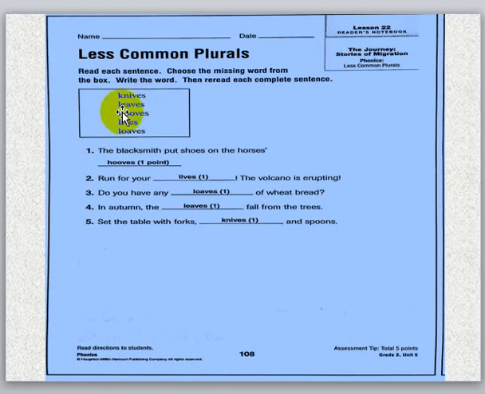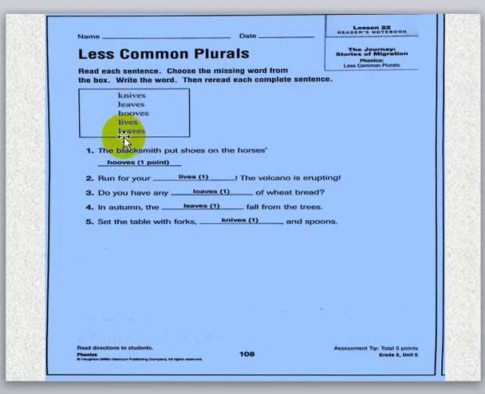The next one, leaves. This is plural. The singular one is what? Can you think? Leaf. We change F into VES. Hoof, we change F into VES. Life, we change FE or F into VES. Loaf.